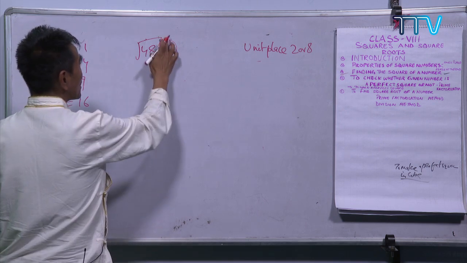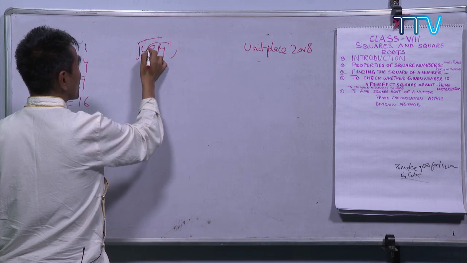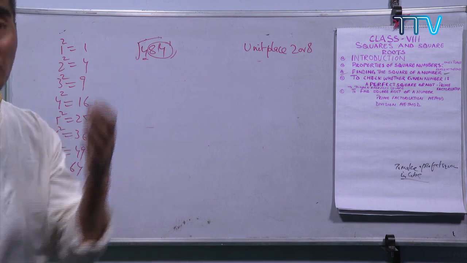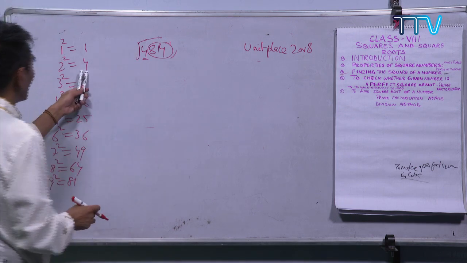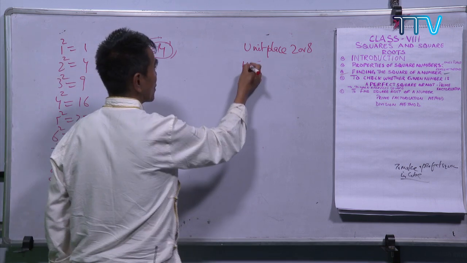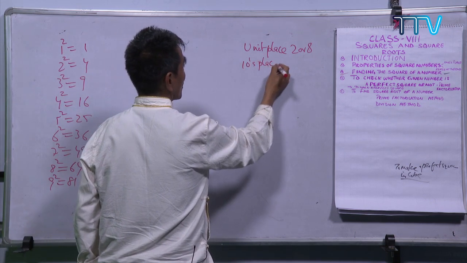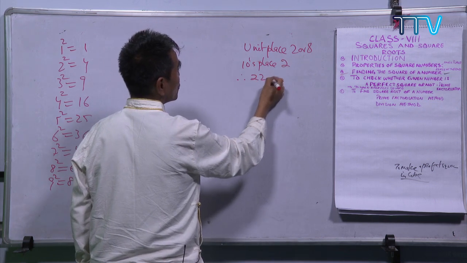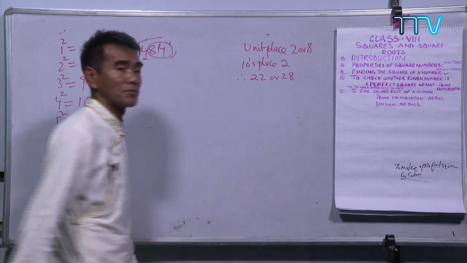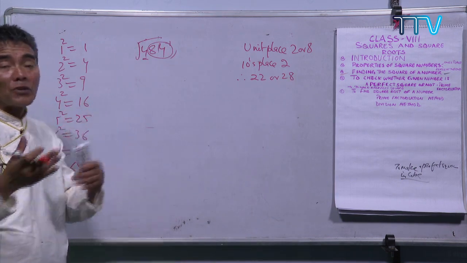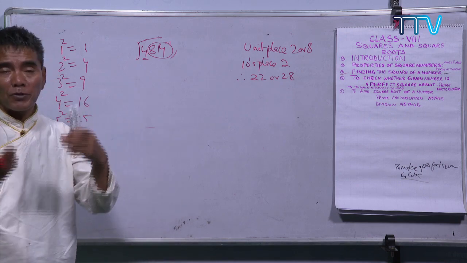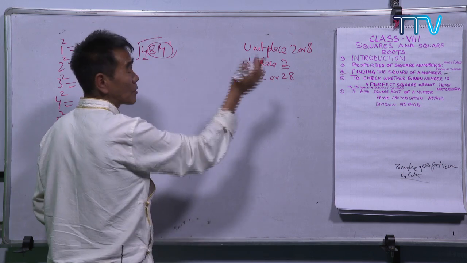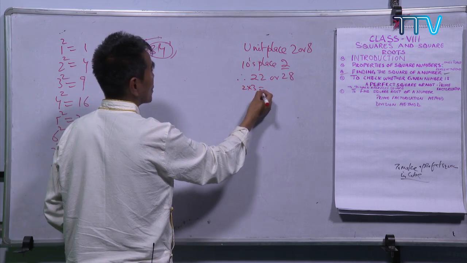Now look at the tens place. The number's tens place is 4, and the exact square is 2 squared, so the tens digit is 2. Therefore the number is either 22 or 28. Now take 2 and its next number 3: 2 multiplied by 3 is 6.